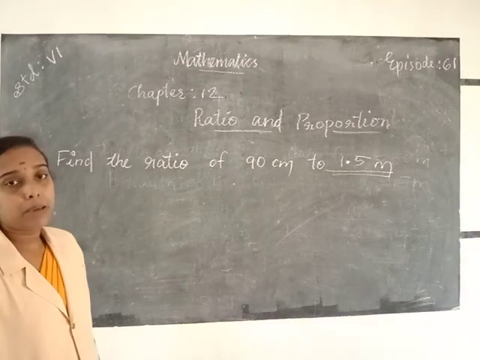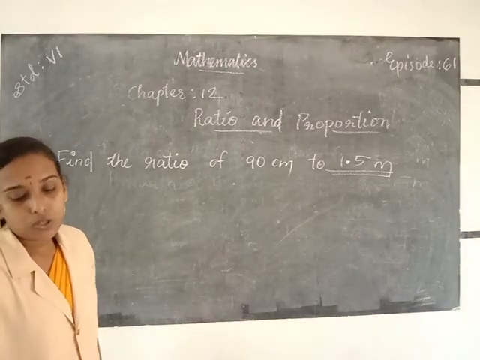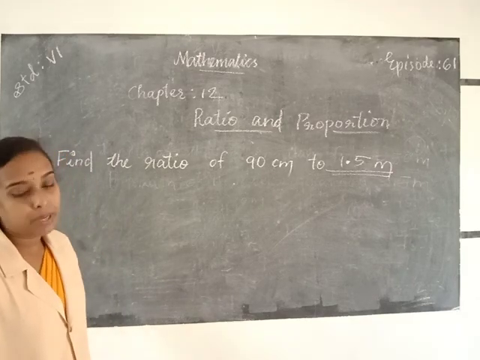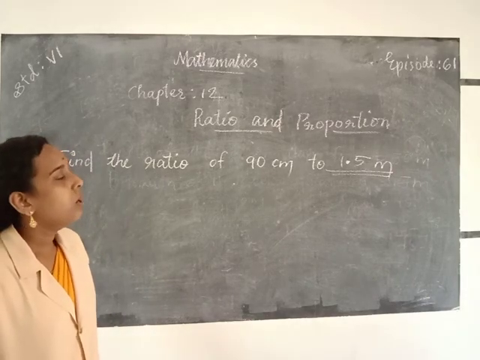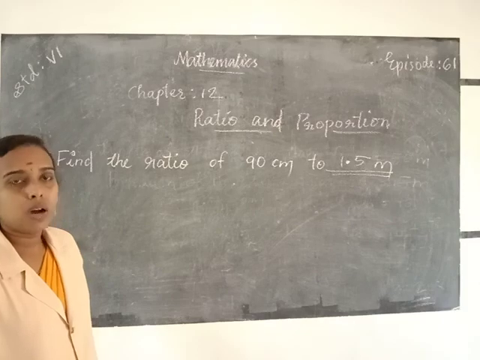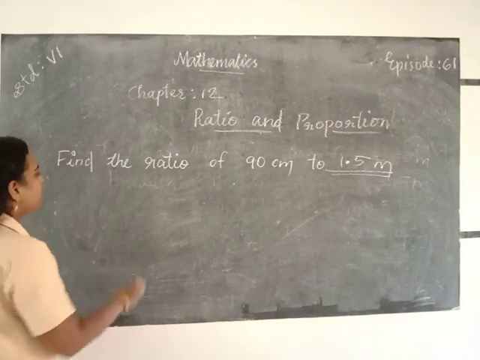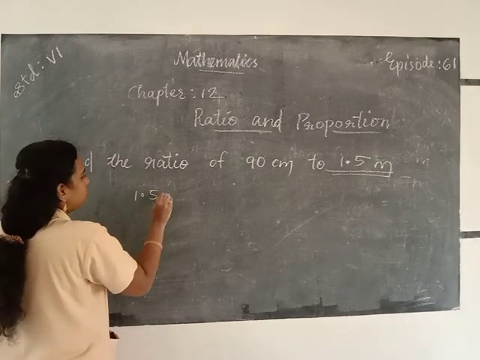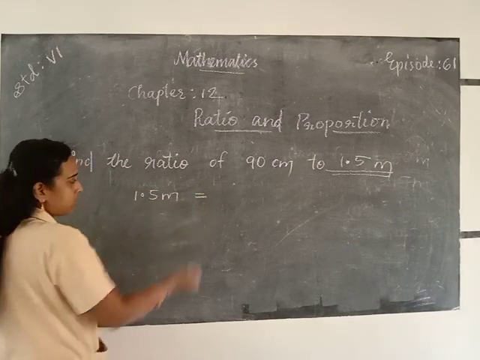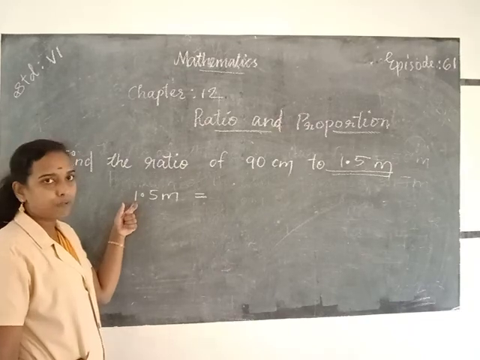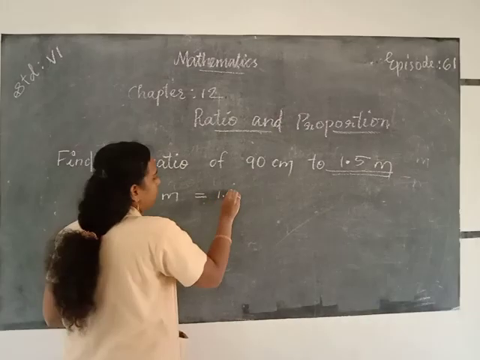That's 1.5 meter into centimeter. The value given in meter is 1.5 meter. To convert 1.5 meter into centimeter, you just multiply 1.5 by 100.